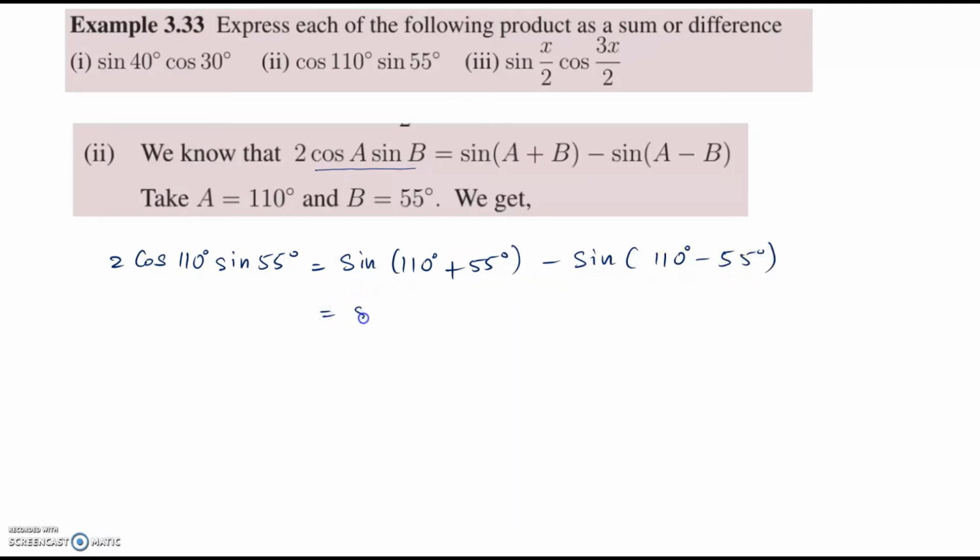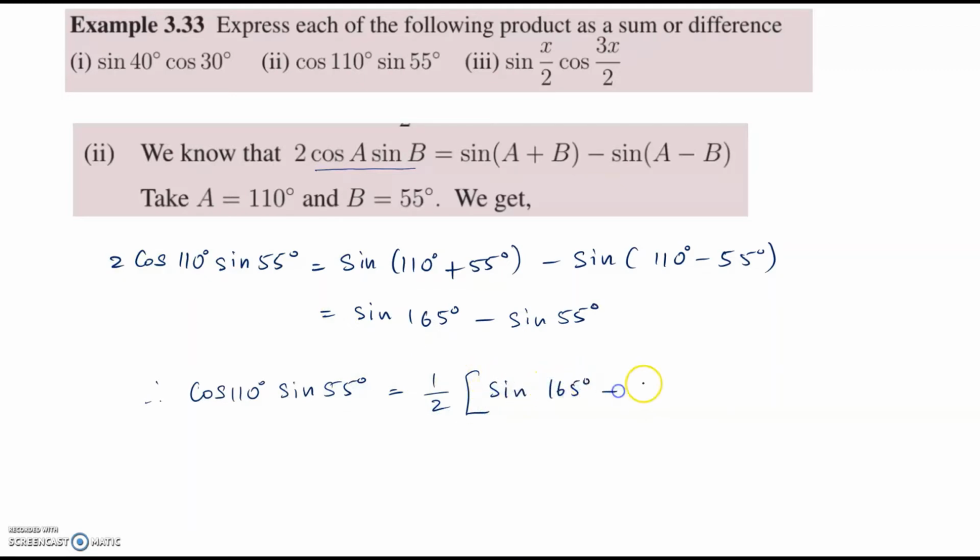So, which is nothing but sine 165 degrees minus sine 55 degrees. Therefore, our cos 110 degrees sine 55 degrees will be equal to, taking the 2 to the other side, 1 by 2 times (sine 165 degrees minus sine 55 degrees).